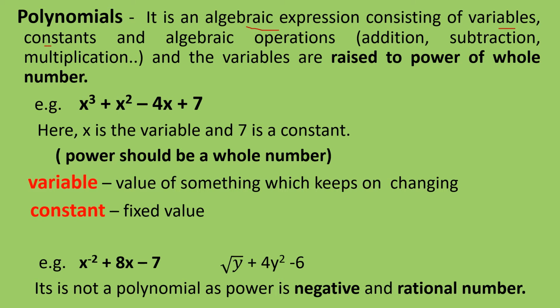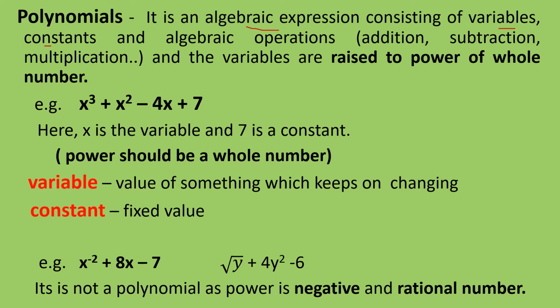Here first we have to discuss the meaning of polynomials and the difference between polynomials and algebraic expressions. In the 9th standard, or even in the 8th standard, we have done algebraic expressions. They consist of variables and constants, linked together by algebraic operations like addition and subtraction.